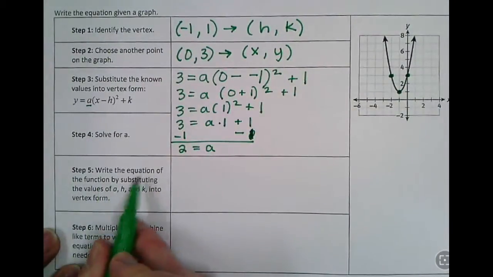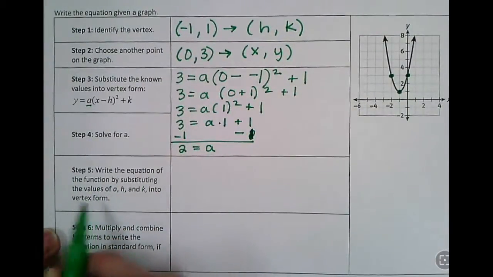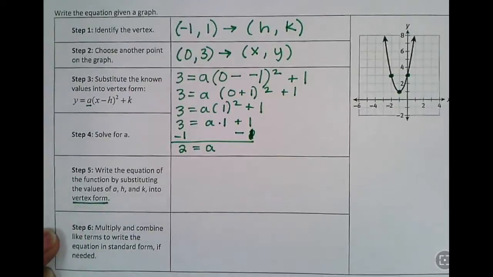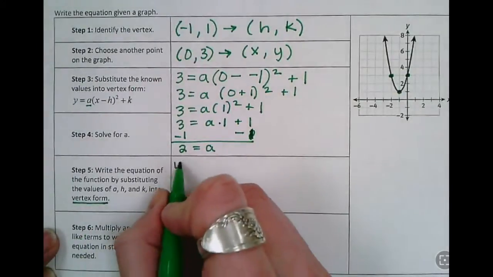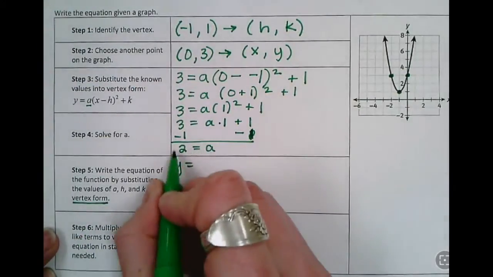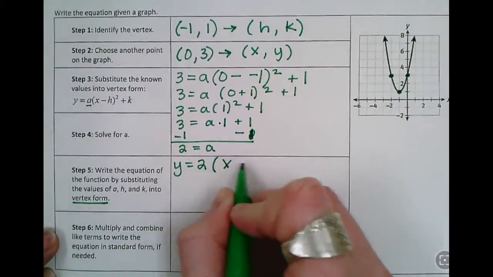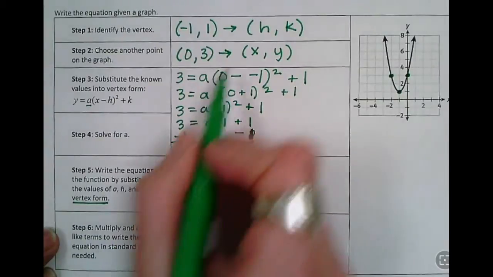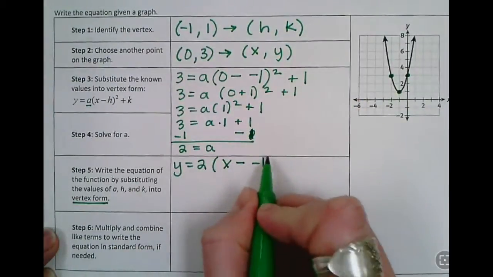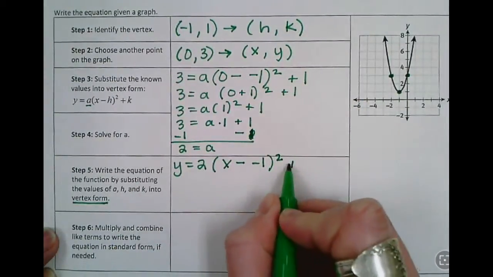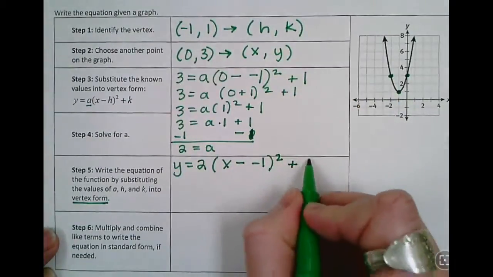So we're going to write the equation by substituting those values in to get our vertex form. Y equals, the value of a is 2, x minus my value of h, which is -1, squared, plus k, which is 1.